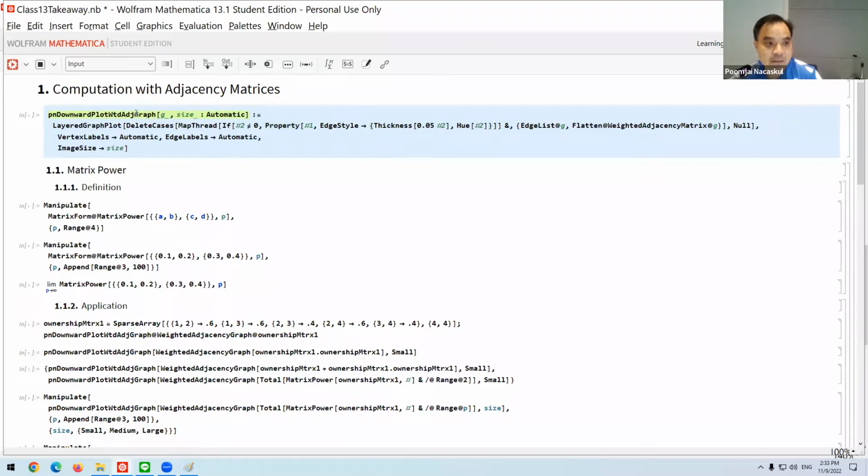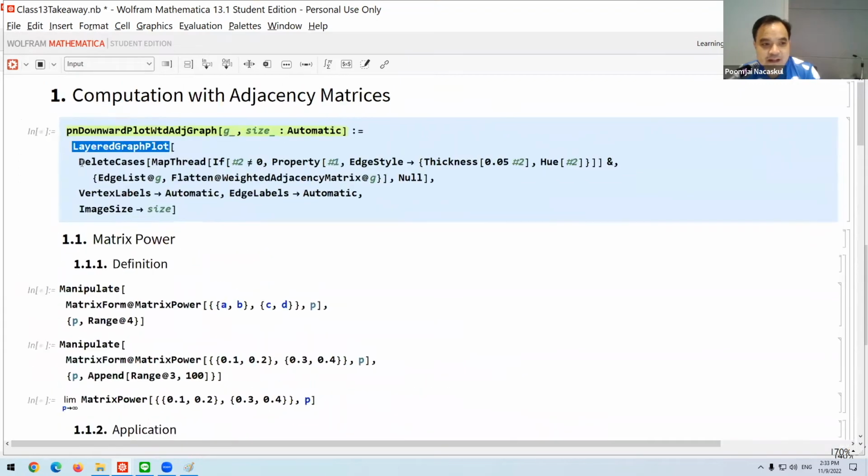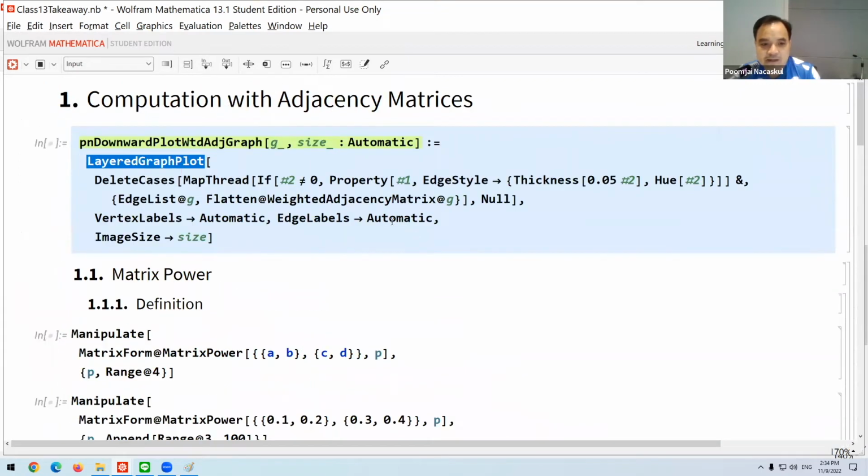So this is a function called, I guess, downward plot weighted adjacency graph. What it means is that if you have a weighted adjacency, connectivity between entities, and I want to show a sort of hierarchy of who drives who, and I want to reflect the weight of connectivity in terms of thickness, this is going to be useful. But we'll see how it's used. Basically inside this, it's based on this thing called layered graph plot, but it has other things like nice colors and so forth.